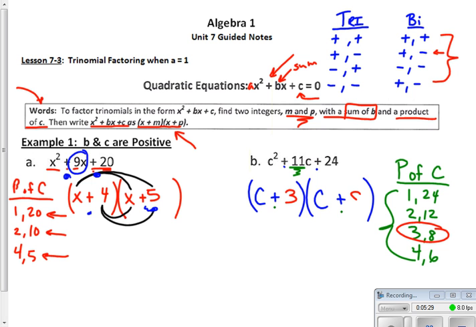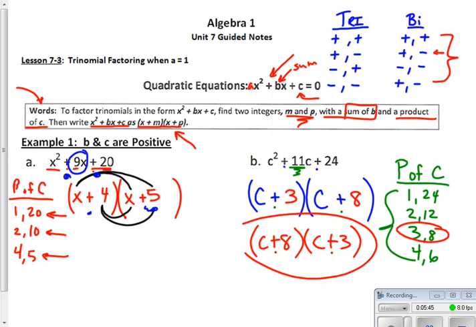Another way we can write this is c plus 8 and c plus 3. The reason why the order doesn't matter is because in your binomial your signs are still both plus. So this would be our answer here in B, either one, and our answer obviously over there for A.